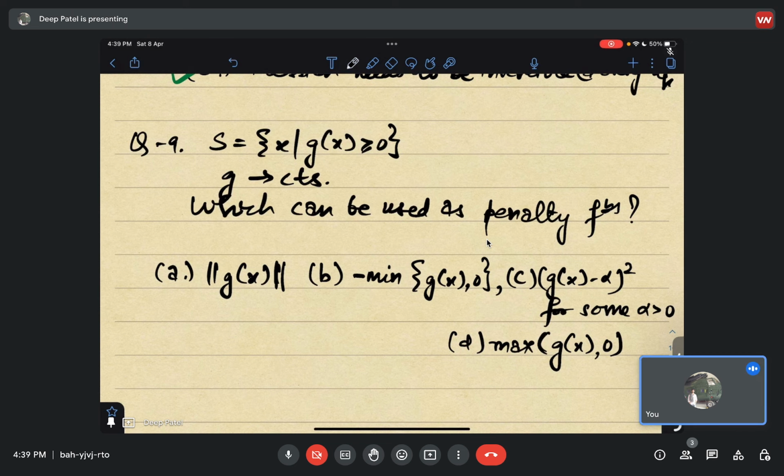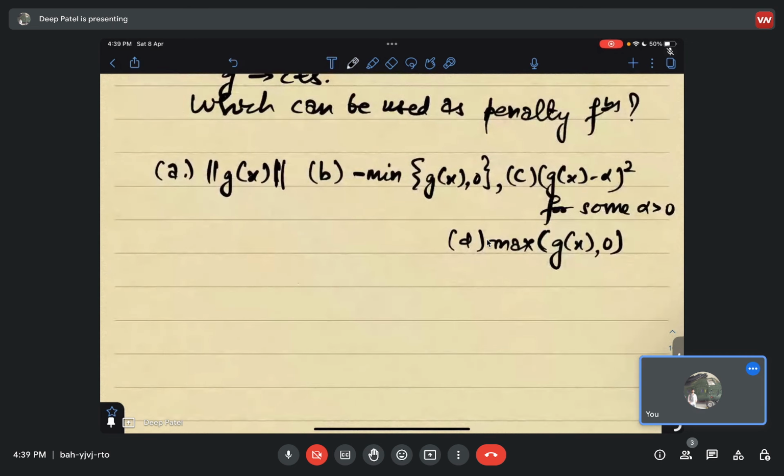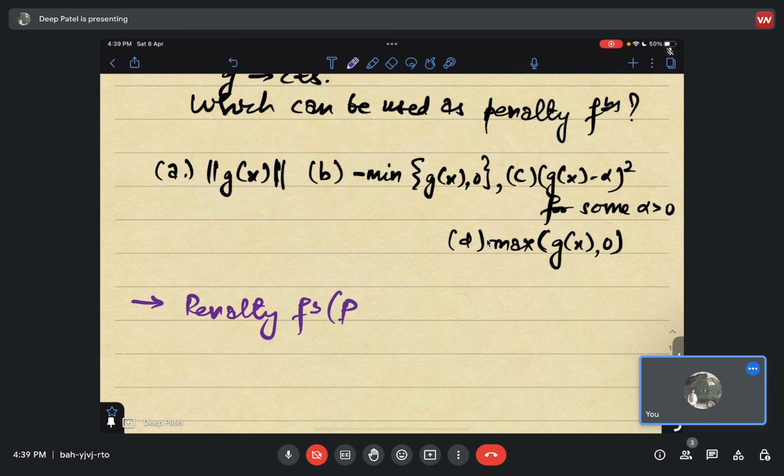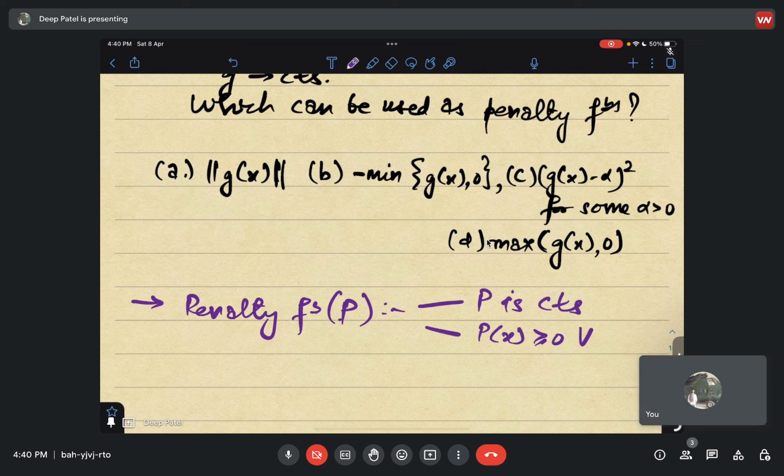So what is the definition of a penalty function? That function should be continuous. Let's call the penalty function P. So P should be continuous. It should be greater than or equal to 0, non-negative.